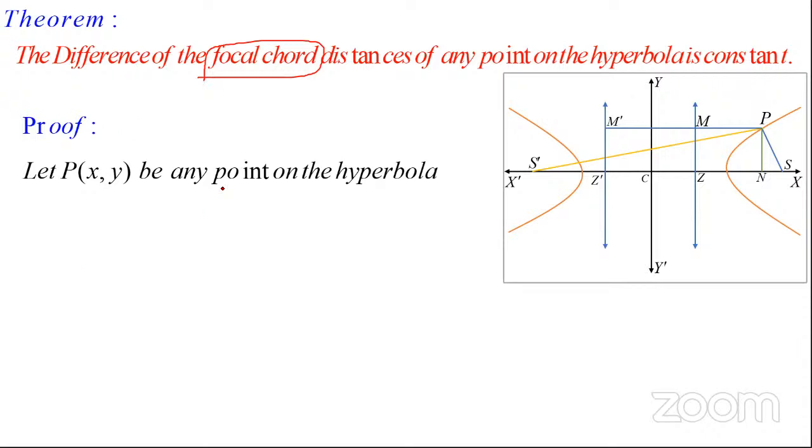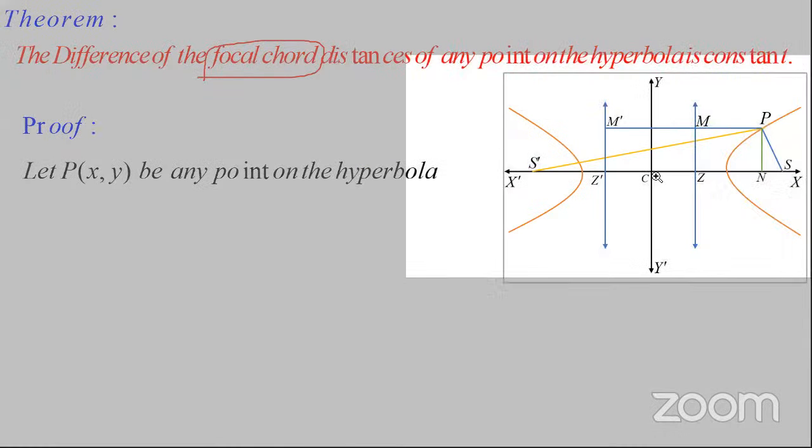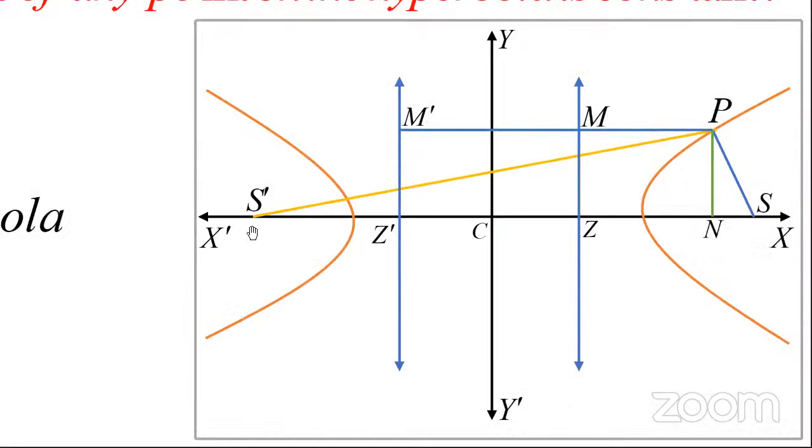This is the figure. S dash is the other focus, S is one focus, and PN is the perpendicular to the axis, that is the transverse axis. PM and PM dash are the perpendiculars from P to the directrices. Z and Z dash are the points of intersection of the axis and the directrices.